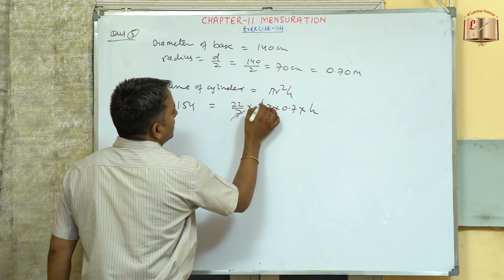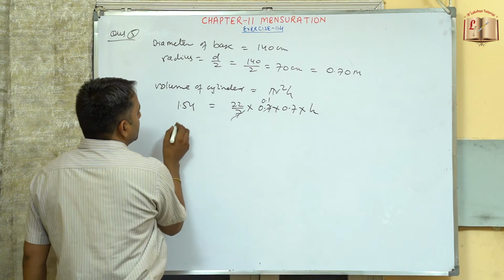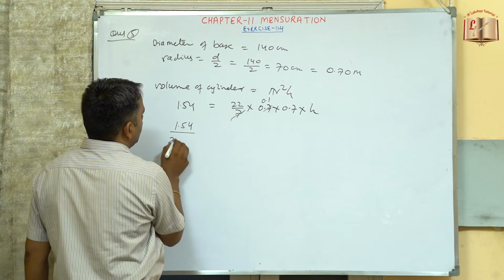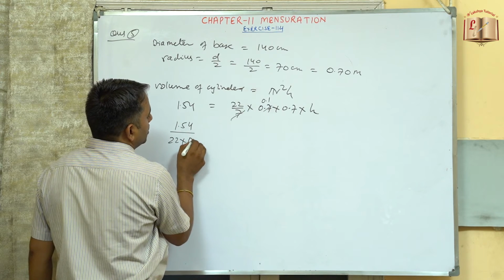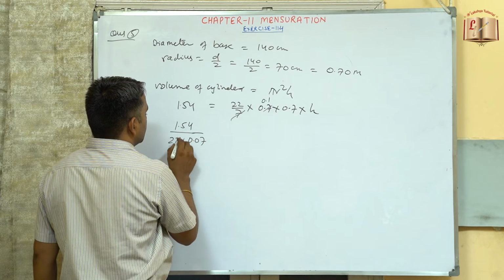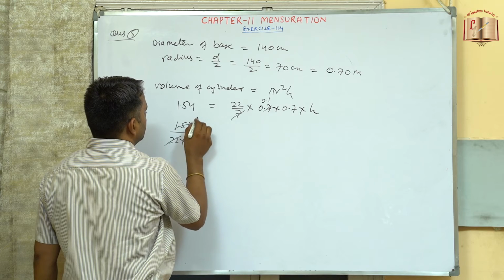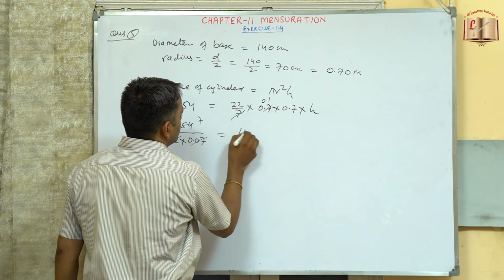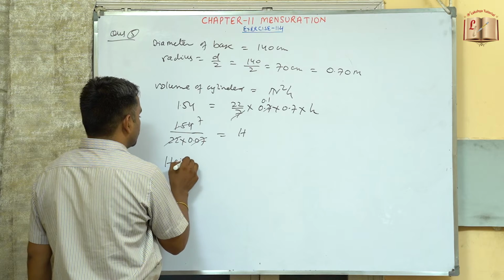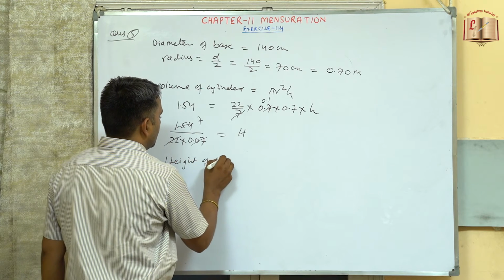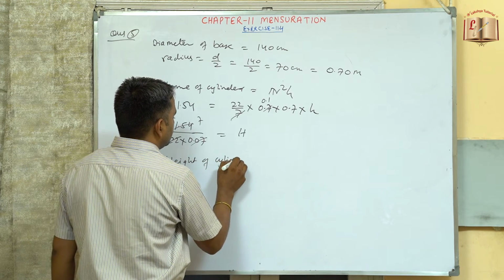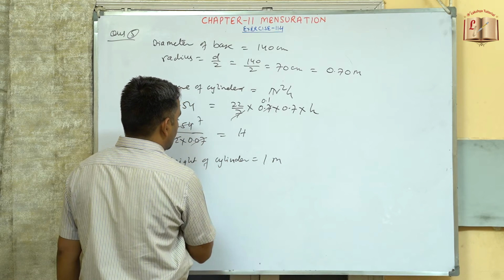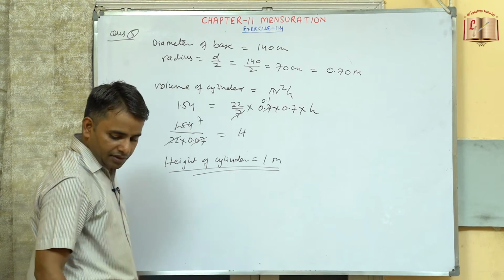So this cancelled, and this will be 1.54 divided by 22 into 0.07. So this is 1 time, this is 7 and 7 7, this is cancelled. This equals the height. So we got the height of the cylinder as 1 meter. So height of cylinder is equal to 1 meter.